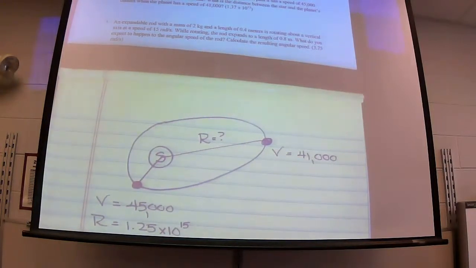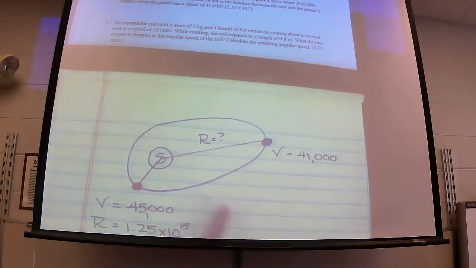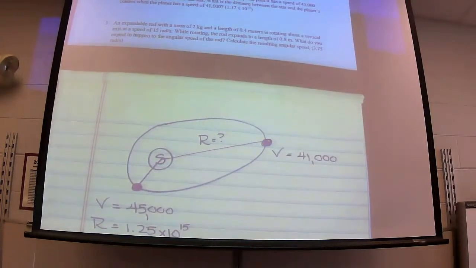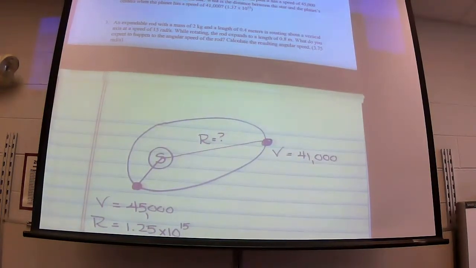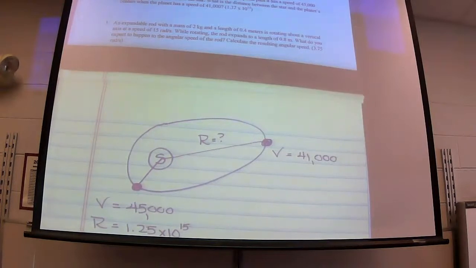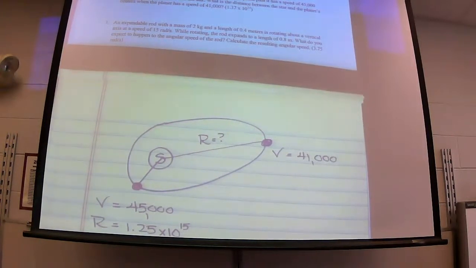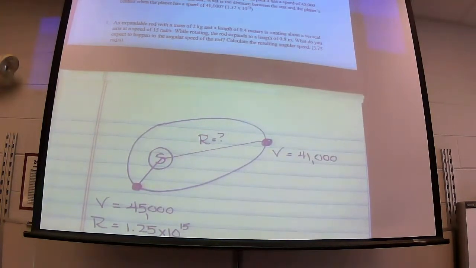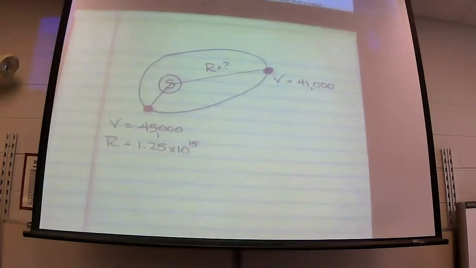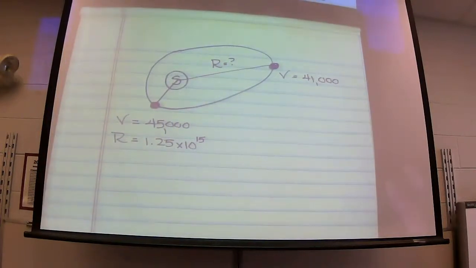Okay, so you should recognize this from gravitation. What equation would you have used in gravitation? rv equals rv. Oh, listen. You're not allowed to use rv equals rv now, because now you have to know where it came from.